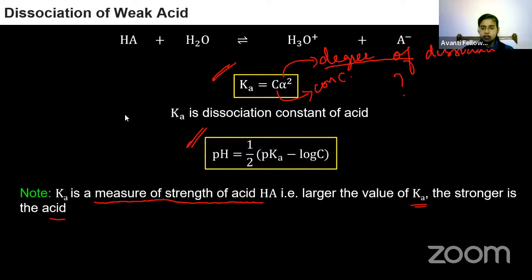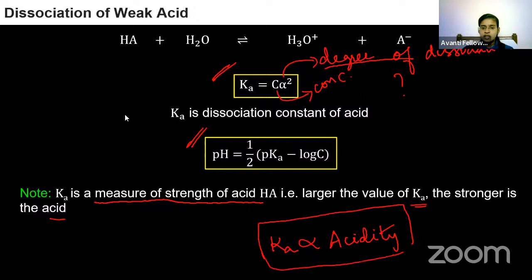So Ka is directly proportional to acidity. If the Ka value is larger, then the acidity is also stronger. Clear? So Ka is directly proportional to acidity.